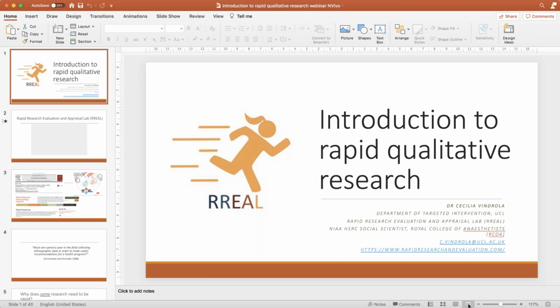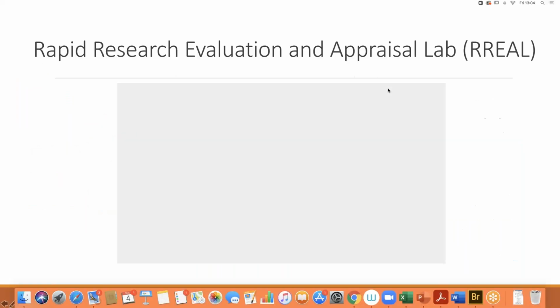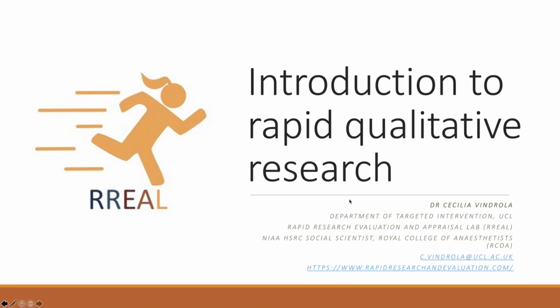Maybe try going to slideshow and start. Well, we can see it, but we see the slides on the left too. Strange, because on my screen I'm seeing it. You might have to duplicate your screens. Yes, now we can see it. Perfect. Sorry about that, technical difficulties. It wouldn't be a webinar without them, right?